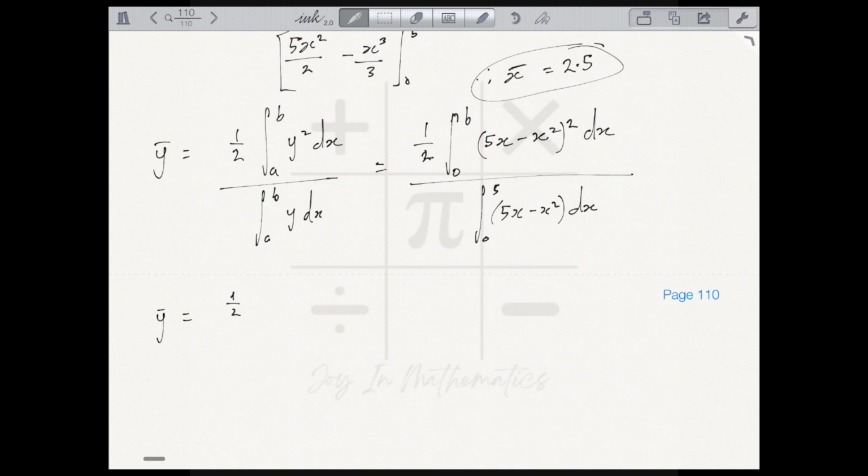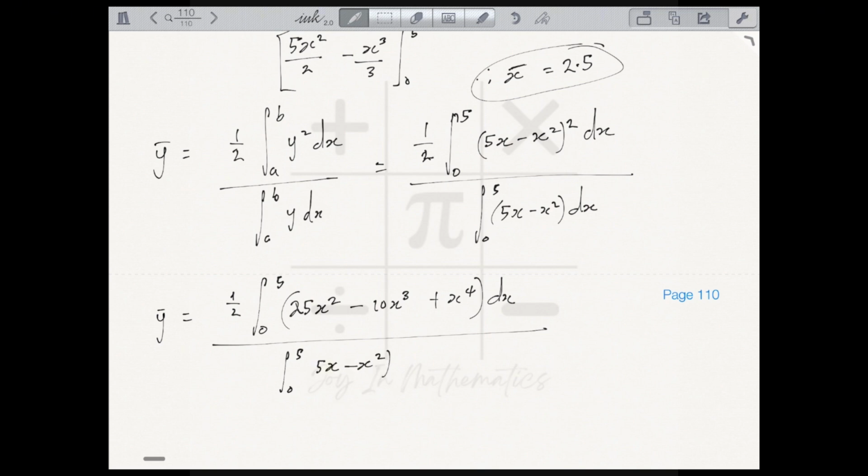So we have our limits 0 to 5, and when we do this, we have 25x squared minus 10x raised to the power 3 plus x raised to the power 4 dx divided by integral of 0 to 5 of 5x minus x squared dx.